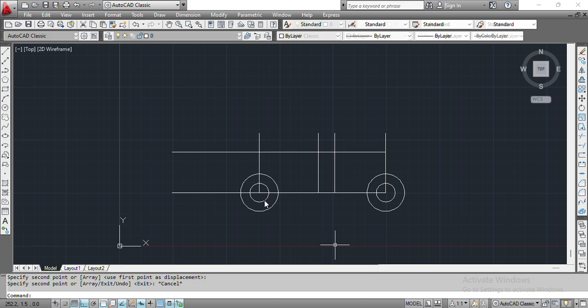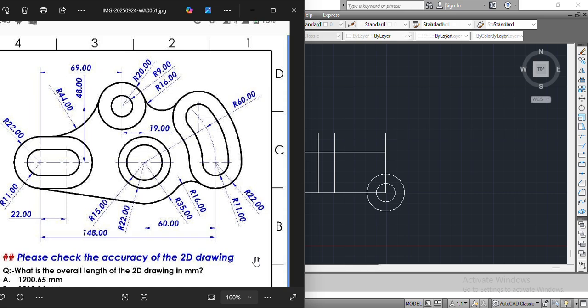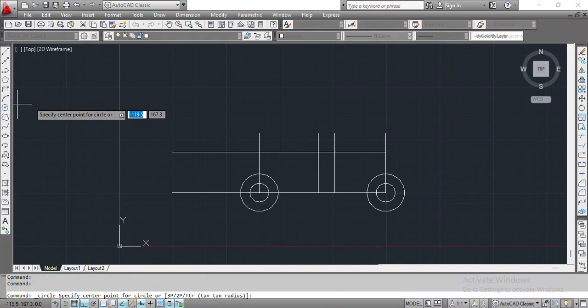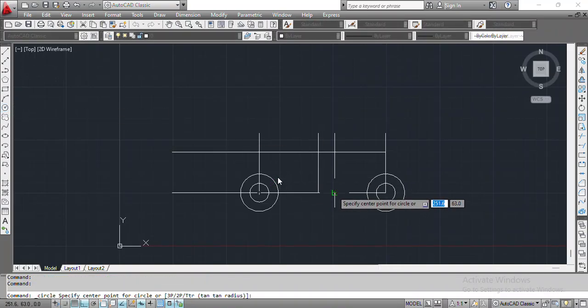After that we get to draw these two circles. These circles are R22 and R15 at the center of 60 from this other side, from my right, 60 from my right.